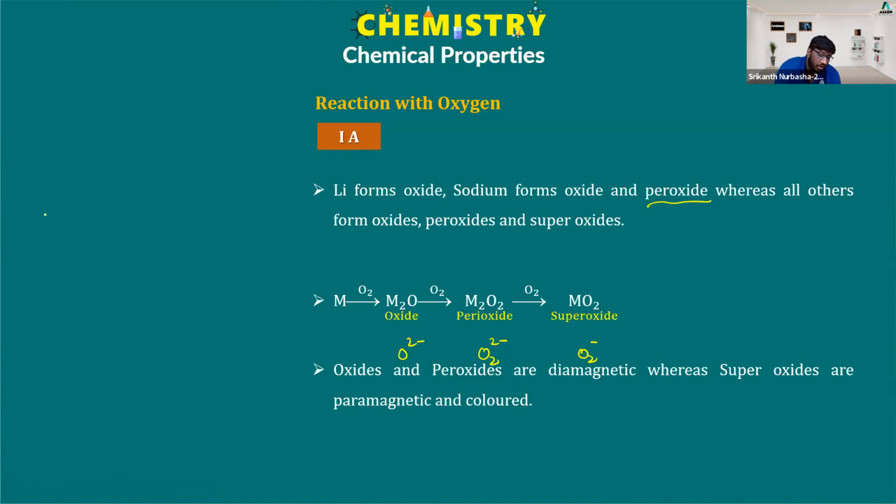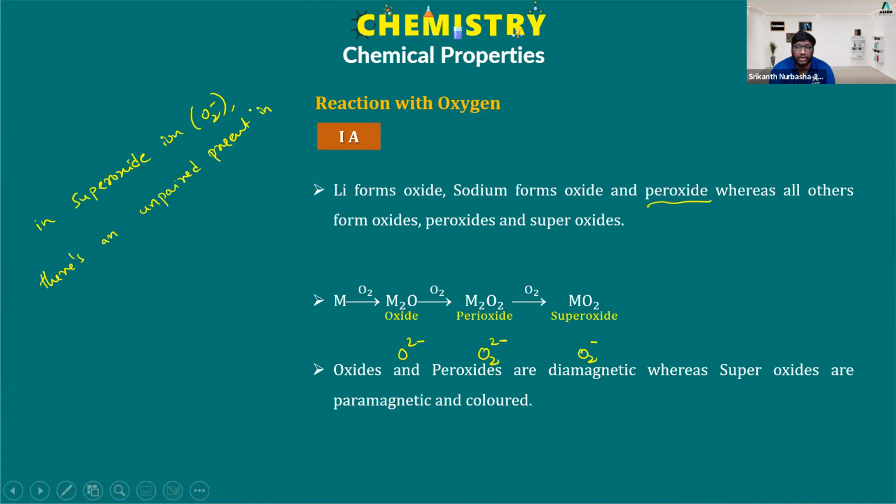Because in a superoxide ion, that is O2-, an unpaired electron is present. Where is the unpaired electron present? It is present in the pi star antibonding molecular orbital.